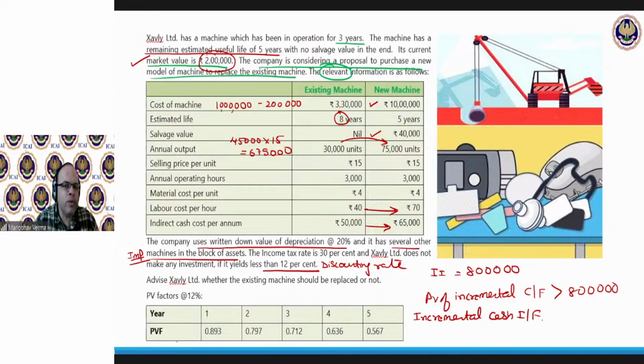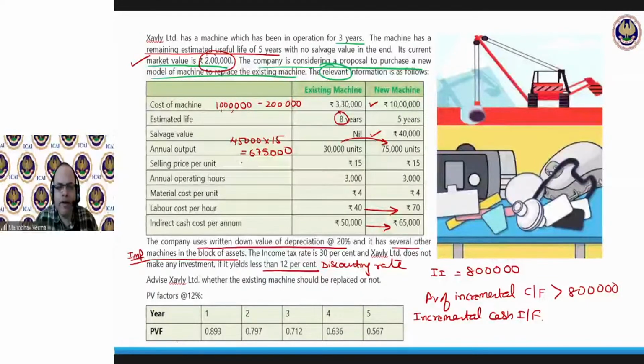What happens with respect to the labor cost, guys? What happens to the labor cost? I think the material cost is also changing. Labor cost is also changing. We have to see how many hours we need. So 675 is my additional sales.